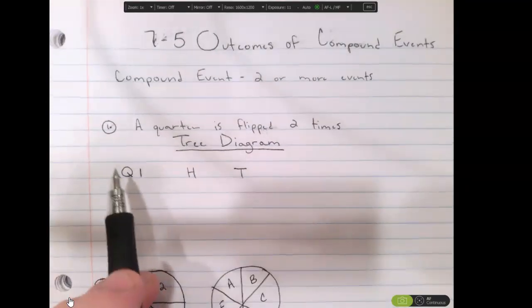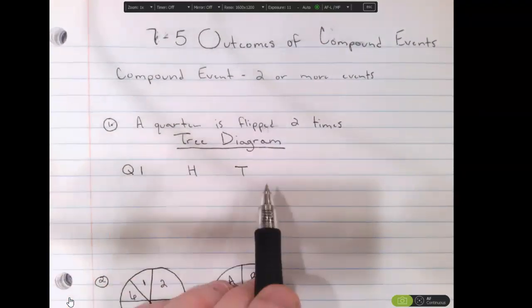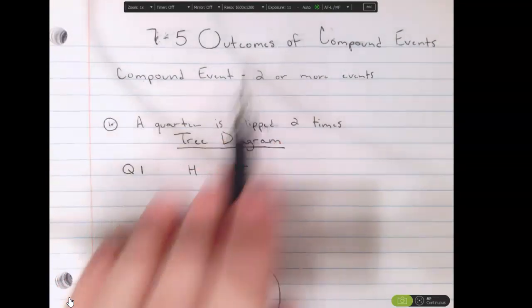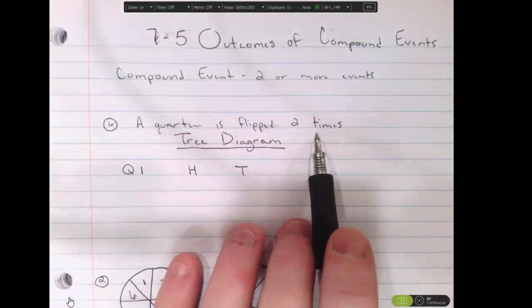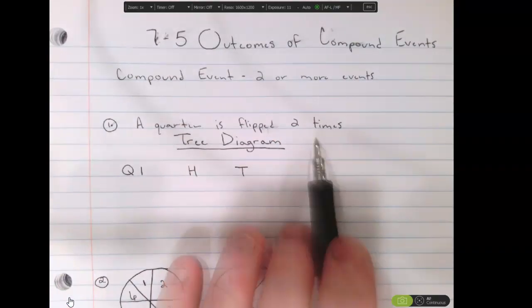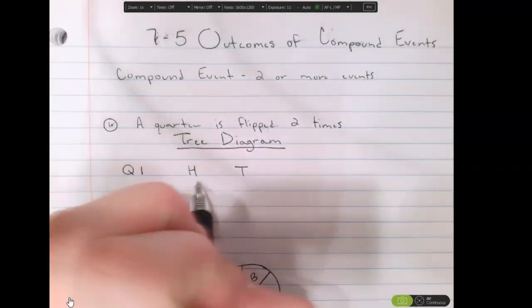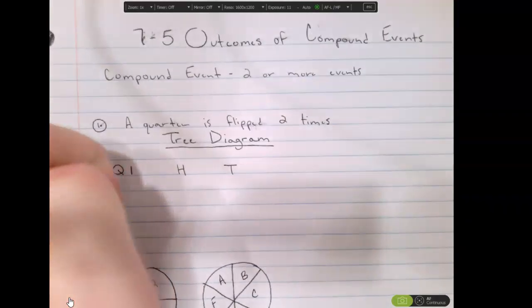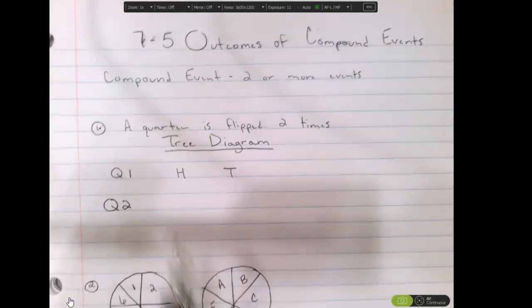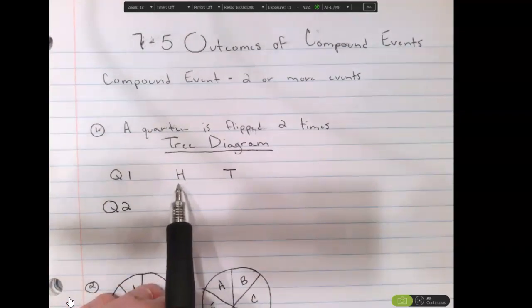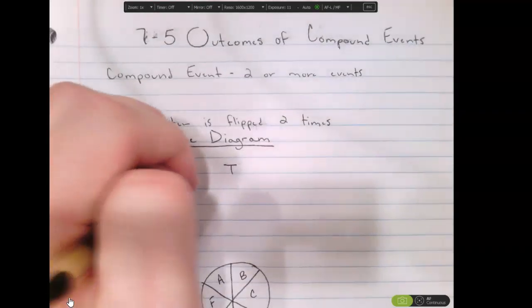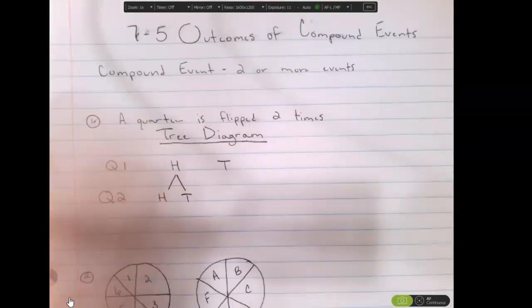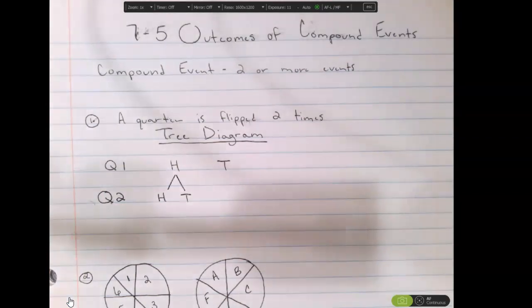But anyhow, I flip my first coin. I can go heads or tails. I've got 2 outcomes. Now, with this problem, I'm flipping 2 quarters. So, when I flip it the first time and I get heads or tails, now when I flip it the second time, after I flip heads, I could flip heads again, or I could flip tails.